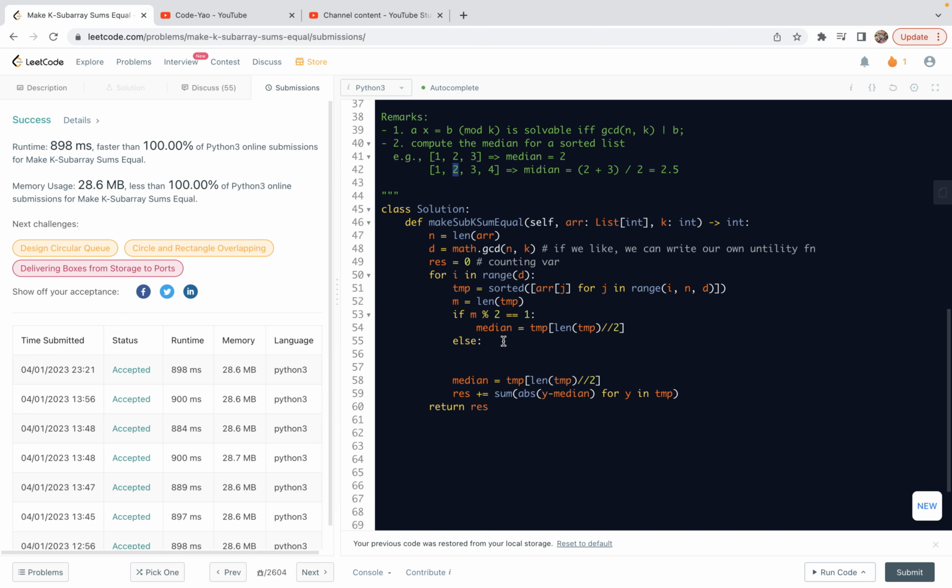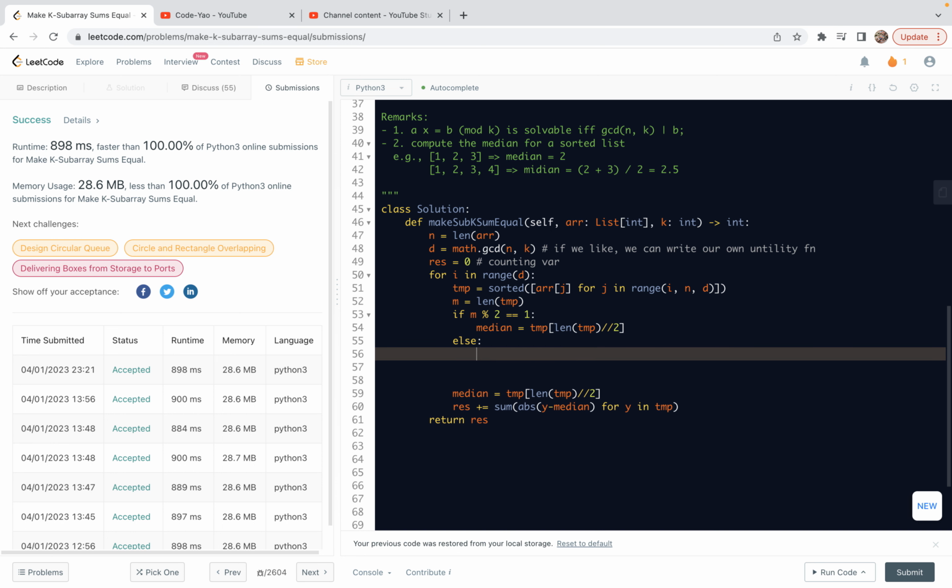So let's see. We're going to use the median will be the temp at m over 2, plus temp at m over 2 minus 1, right? But we need to make sure this is non-negative.